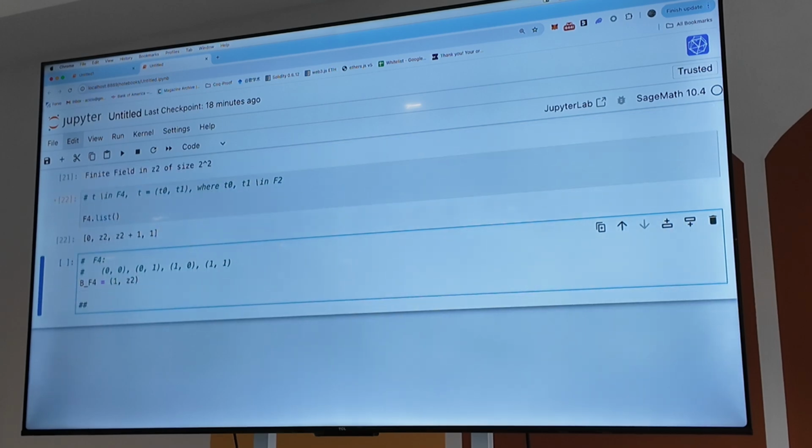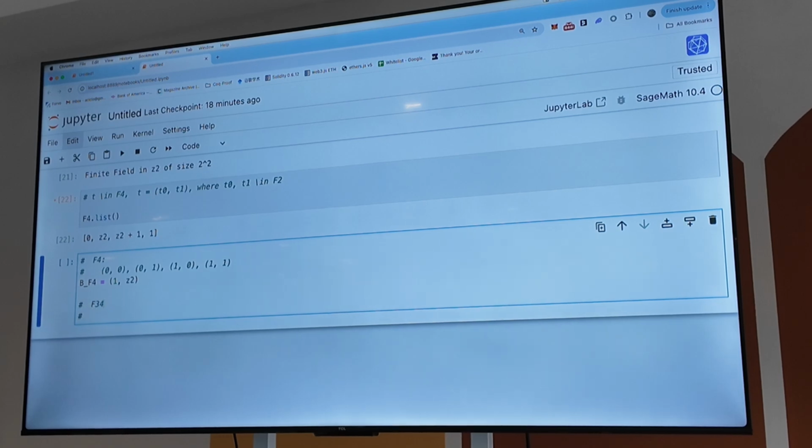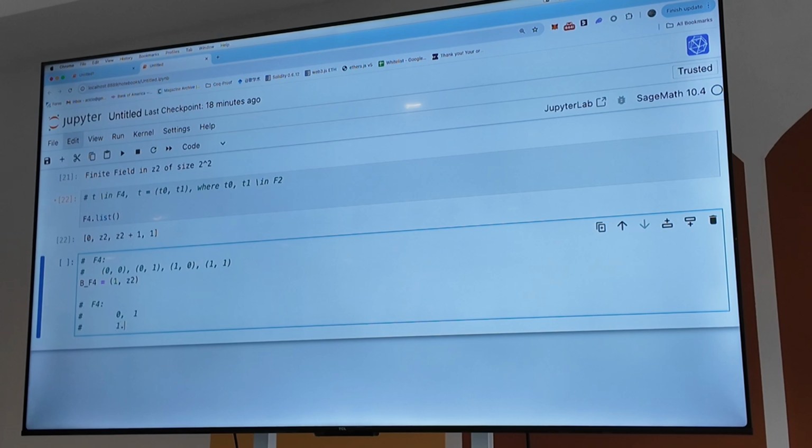And then we can see the F4 element like a matrix, with entries such as 0, 1, and Z2 plus 1.